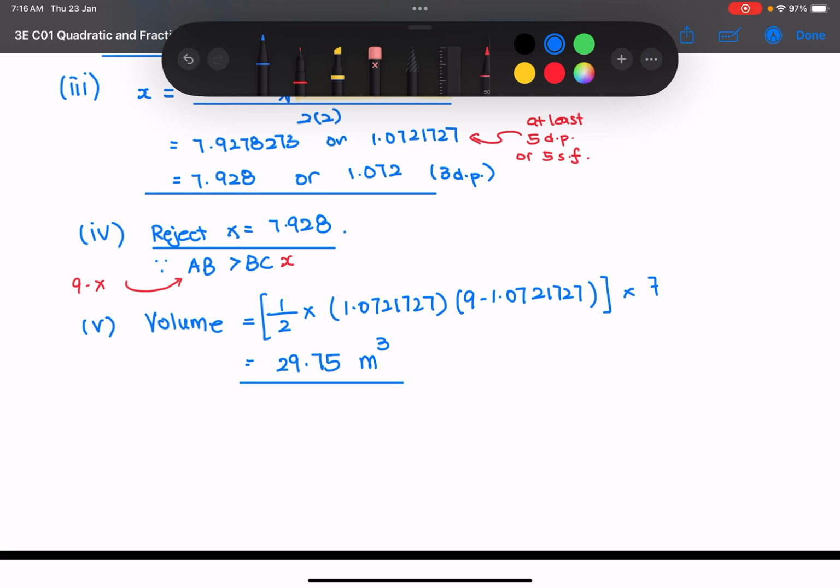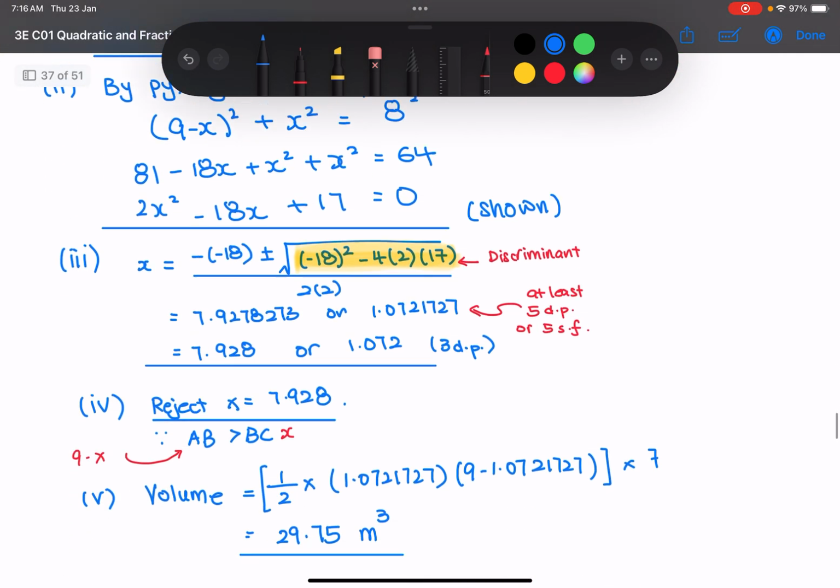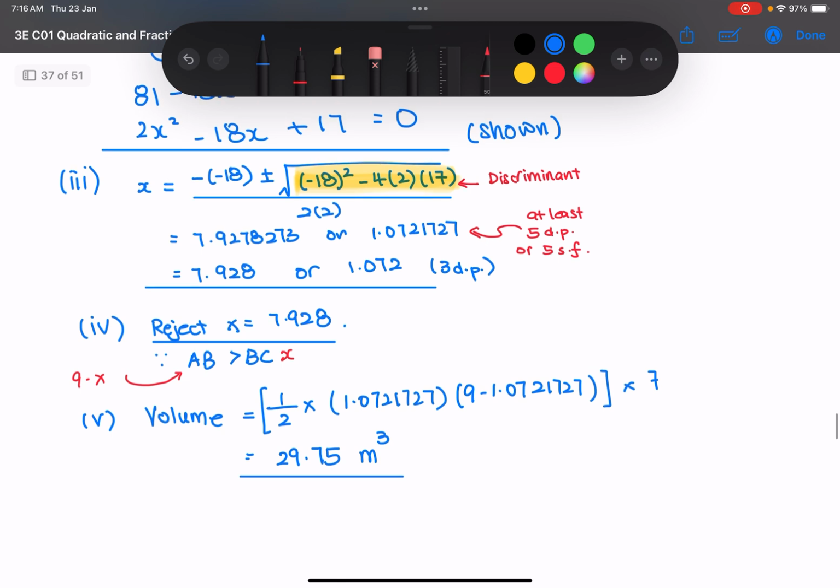You see, if I'm exact, my final answer can come out exact. If you are not exact, you use a rounded off value, then your final answer will not be so beautiful. Okay? So this question is done totally. It's an exact answer for me, because I use everything. I use all.